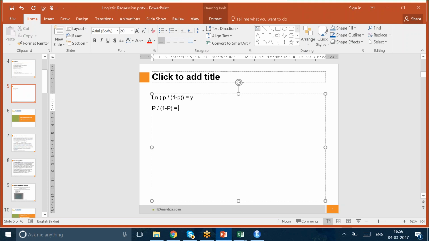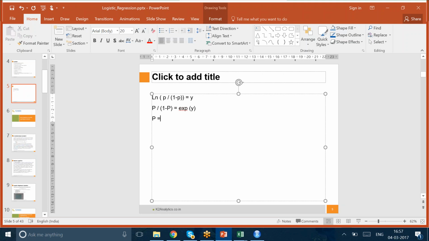What is the relationship between log and exponential, this will become exponential y, right? Now if 1 minus p, which is in the denominator, is moved on the right hand side, what will happen?